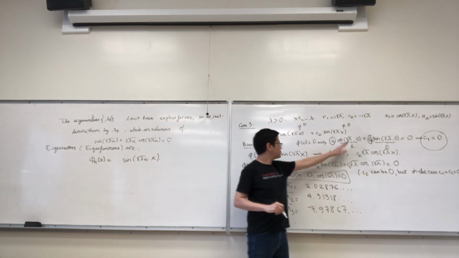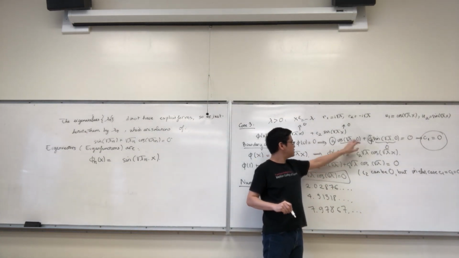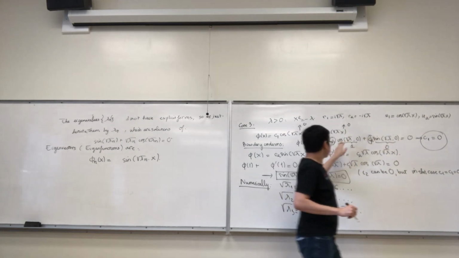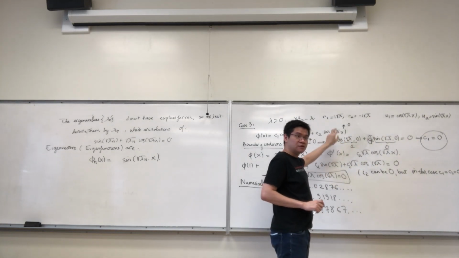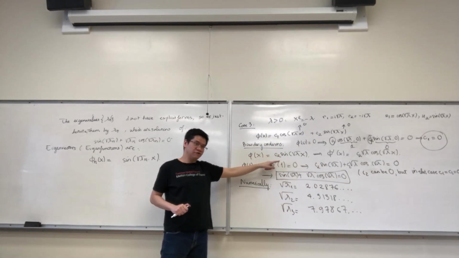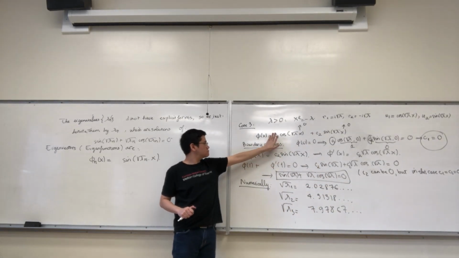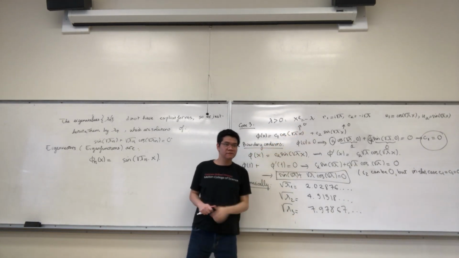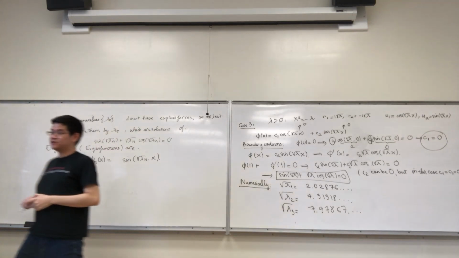You plug 0 here, you find that this is 1, but this is 0. So this is 0, it is fine, but this means that C1 is 0. So C1 is 0 means that the eigenfunction has no term like this because C1 is 0. Alright? It's clear? Other questions?